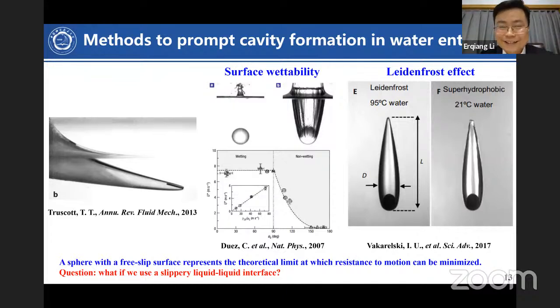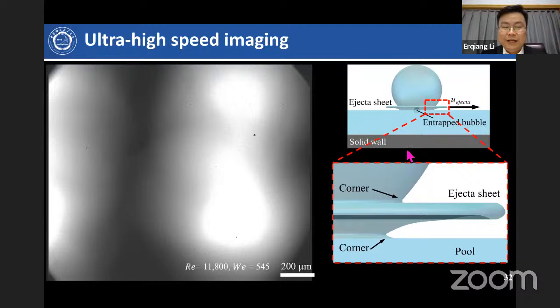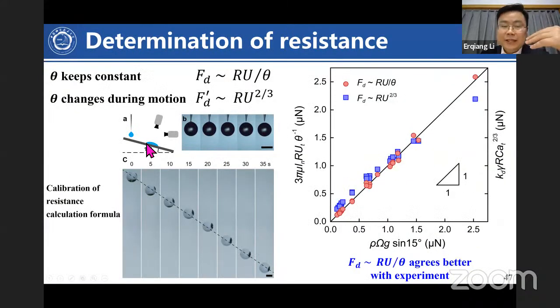We do experiments, because we know the angle very well. We release this droplet, it becomes a film and slides down. It will be accelerated at the beginning, but it will reach terminal velocity. When it reaches terminal velocity, the gravitational force and the resistance force are the same, and we know the gravitational force. So we know the resistance force.